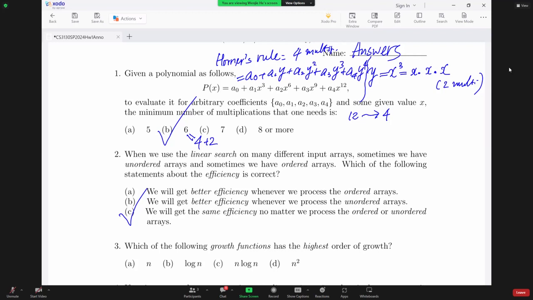So here you cannot use binary search, even though many of you know binary search can be much faster, because for binary search we make the assumption that the input array is ordered. That's our assumption, so we do not do detection. Usually people do not do detection to check if it's ordered because it's too expensive.